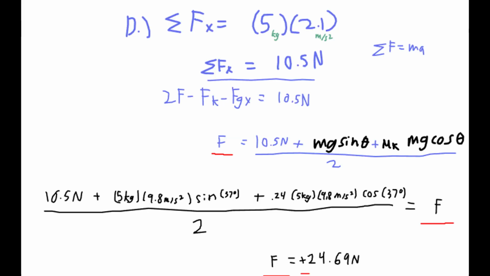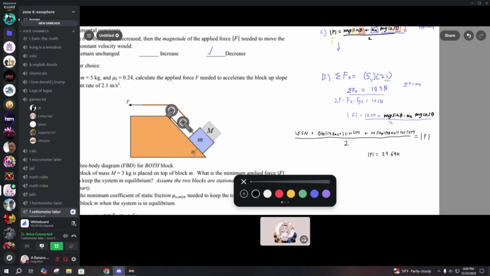Mr. Wong, looking at the problem again, I noticed that they wanted F, not magnitude of F. So therefore, I would need to write direction. I would change all my absolute values to just normal F, and then I would put a plus sign at my answer. So it would be positive 24.69 newtons, taking positive to be the line of motion. That is part D.